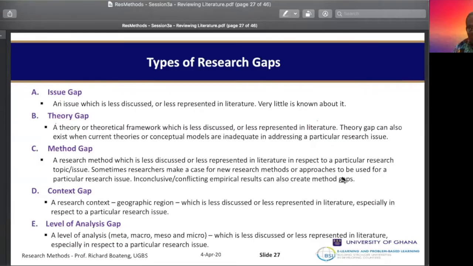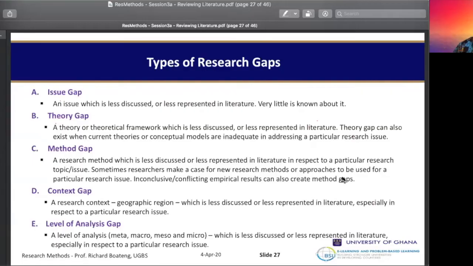And you would not be able to tell whether the trust you are talking about is about benevolence, integrity, or competence. So a method gap can come from the way you even measure your variables, what kind of measures you use for your variable and how you conceptualize your variable.